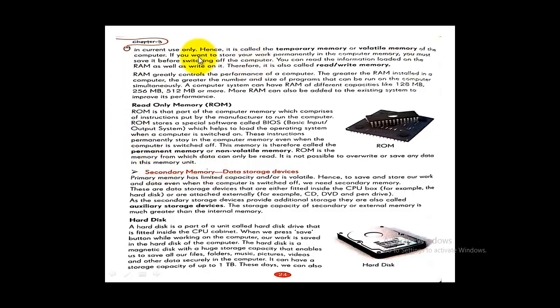Primary memory is used for the work we are doing at the moment. Secondary memory is used for future use. When we want to use the work we are doing in the future, we can save our program or work on the secondary storage memory, which we'll learn afterwards.